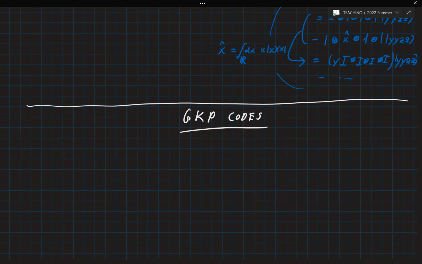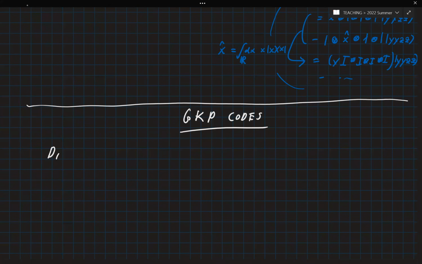And these codes protect not against arbitrarily large errors on a few modes, but against sufficiently small displacements that can act on as many as all of the modes. So I mentioned this switch in the noise model. This is where it is going to happen.